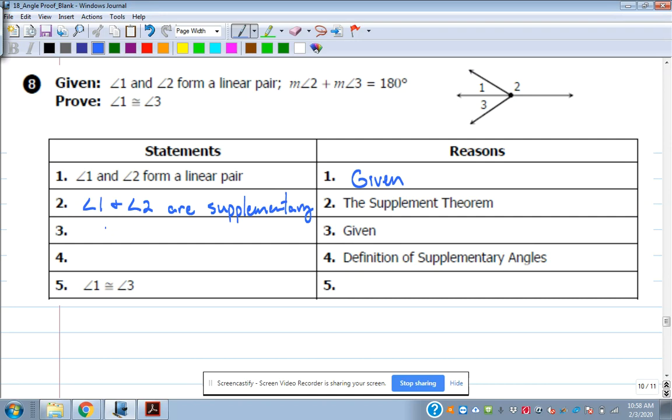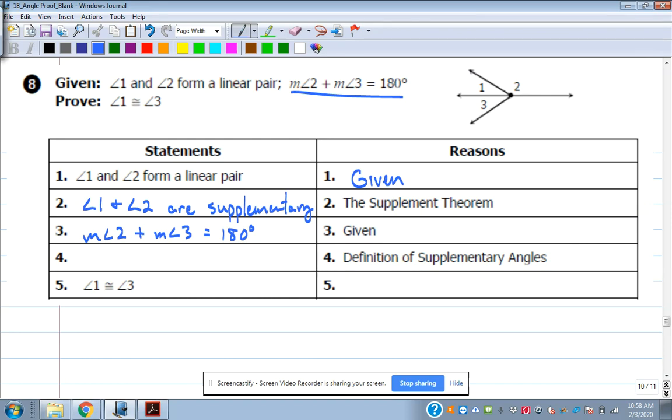And they tell us in number 3, it's the given. So the only given we haven't used yet is that one, the measure of angle 2 plus the measure of angle 3 equals 180. And then what does that tell us in the statement for number 4 based on that definition of supplementary angles?